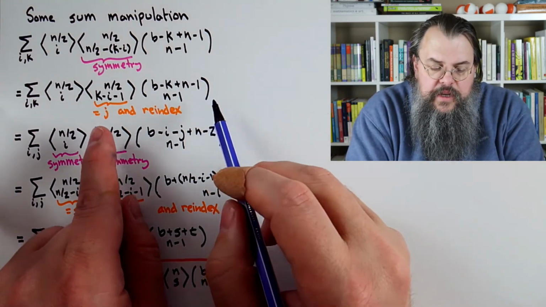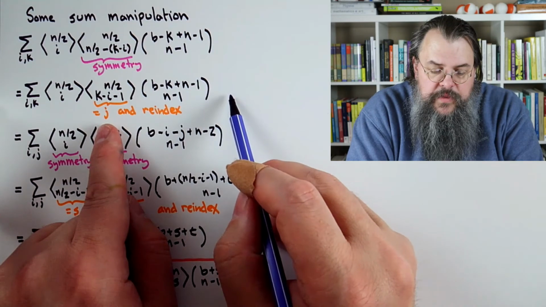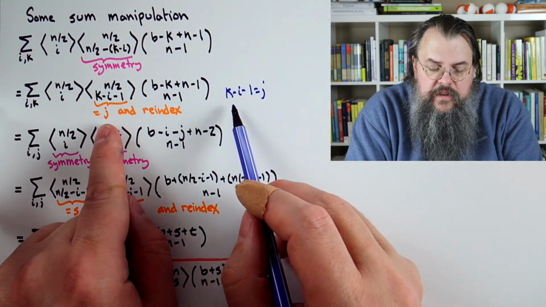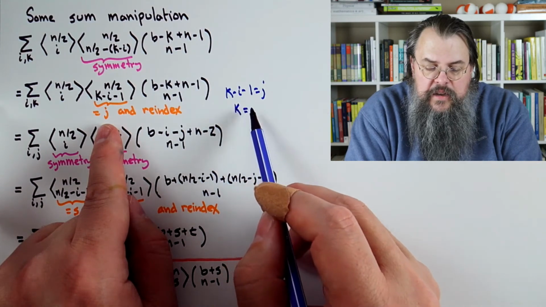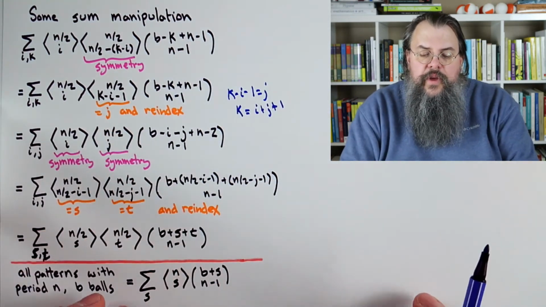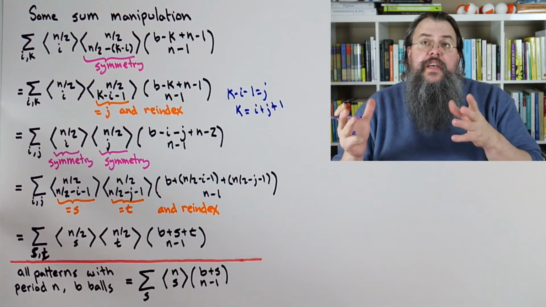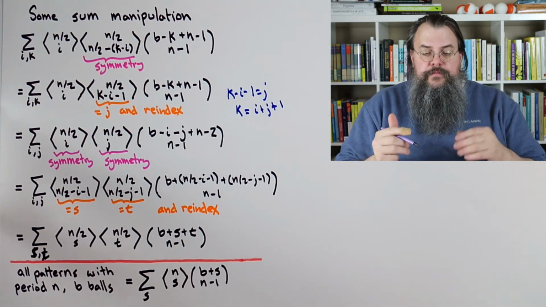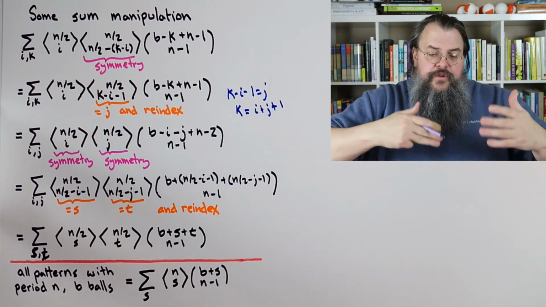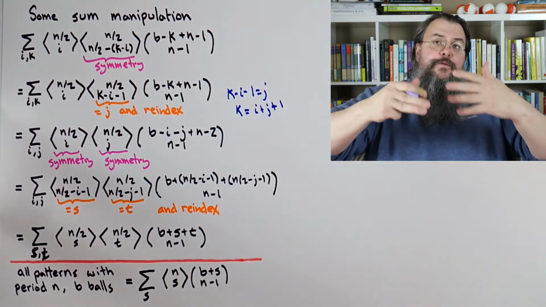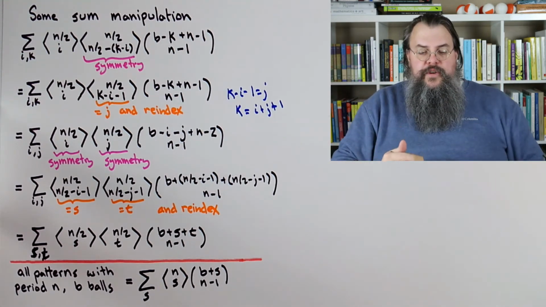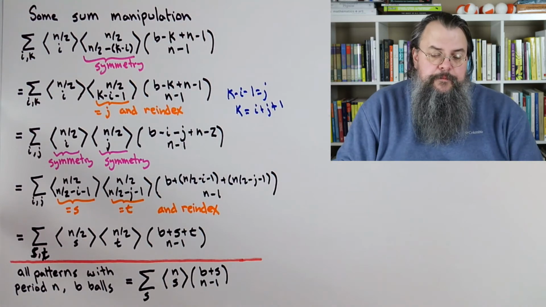So secretly, since we're starting with this relationship, k minus i minus 1 equals j is the same as saying k is going to be equal to i plus j plus 1. So that's what we're going to do. Everywhere we see a k, replace it by i plus j plus 1. Now, since we're summing over all possible choices of i and k, after we change this name, we're still summing over all possible choices, but now with i and j.